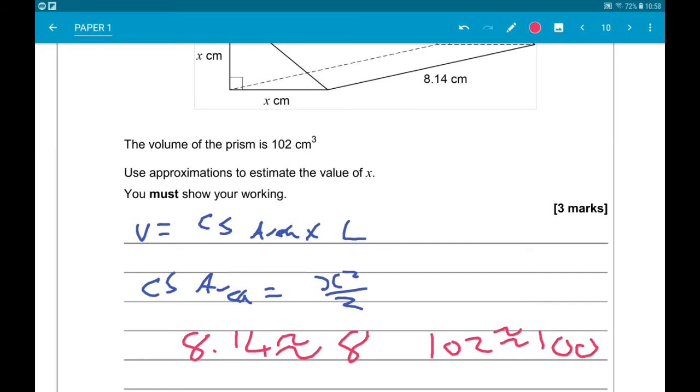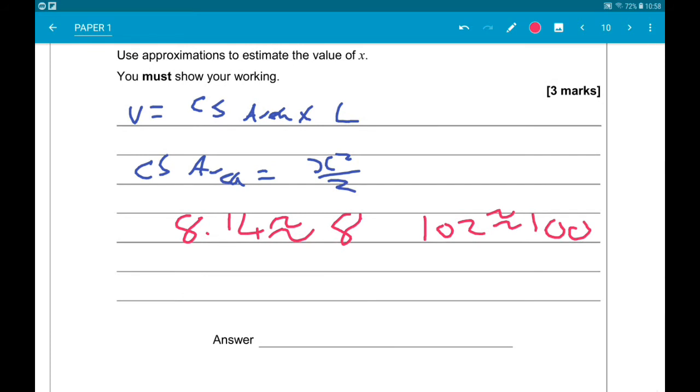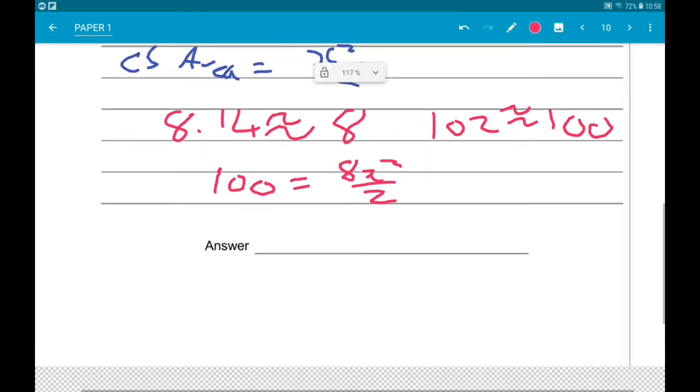So, we then know the volume 100 is equal to the cross-section area times the length. So x squared over 2 times 8. So 8x squared over 2. Okay, now, run out of room as always.